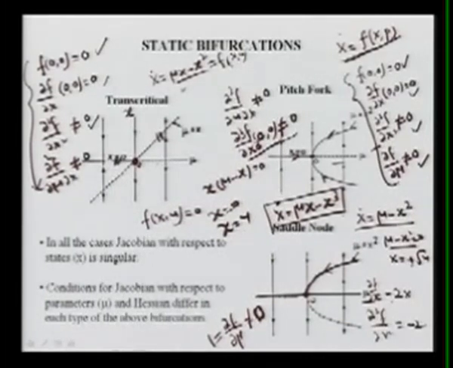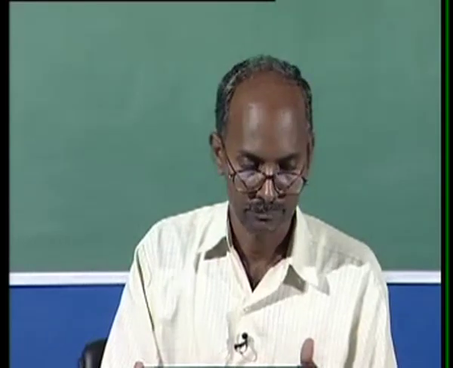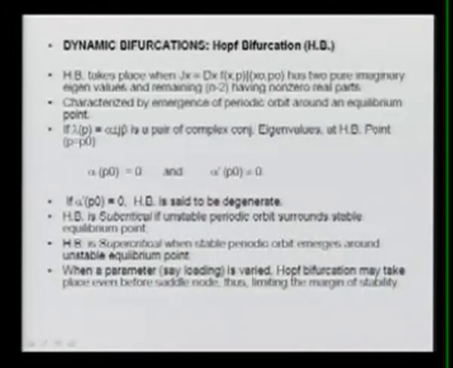All 3 are dynamic bifurcations. Another one is called Hopf bifurcation, and that comes under the local bifurcation category. It is very, very useful for getting your dynamic stability in terms of voltage.